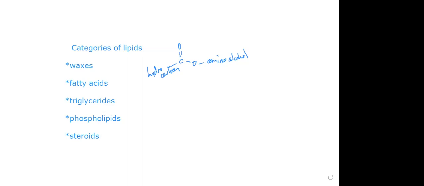One of the reasons we're getting a little confused by waxes is we really didn't say too much about them. And actually, I misspoke. It's not an amino alcohol. That's on the phospholipid. So basically a wax is a big ester. That's basically what it is.